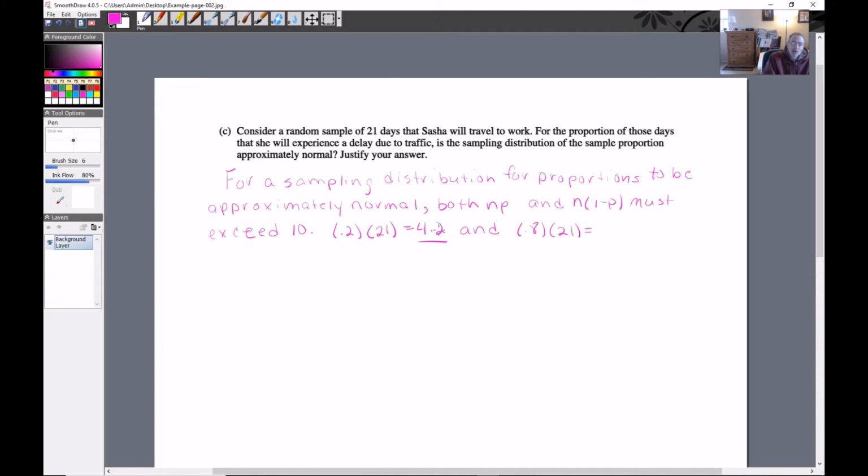So you could actually subtract that from 21 to get the other product, but just go ahead and show it. All right. So since not both exceed 10, the sampling distribution is not normal.